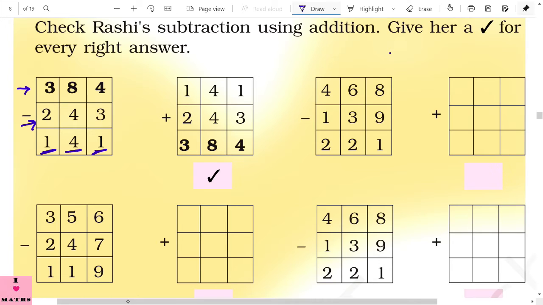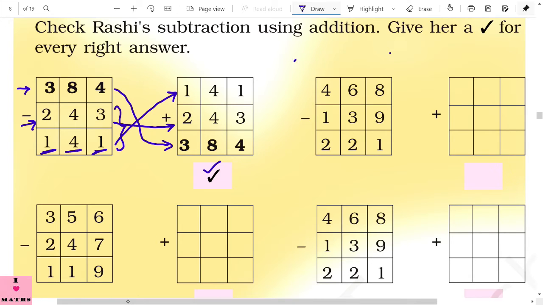Now children, you have to add the difference and the subtrahend. When you add the difference and the subtrahend, you get the minuend as the answer. So if you get the minuend as the answer, it means your sum is correct.